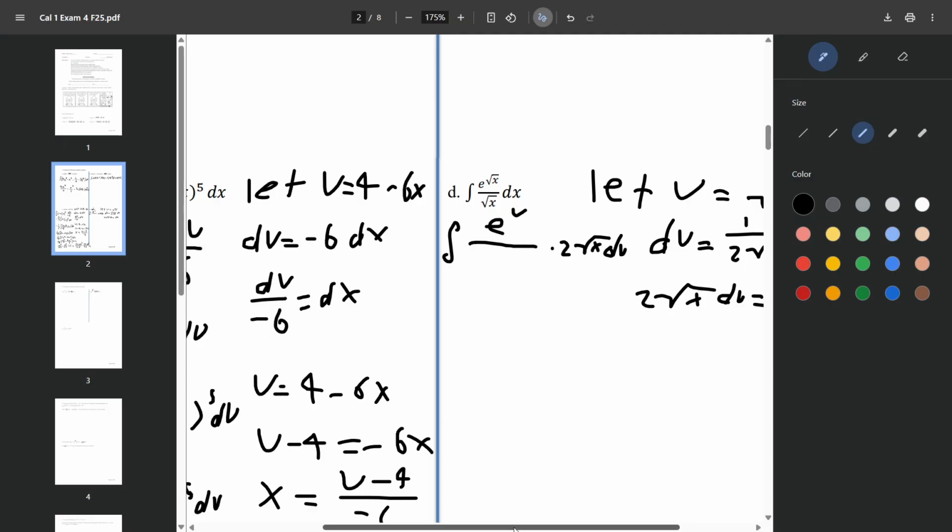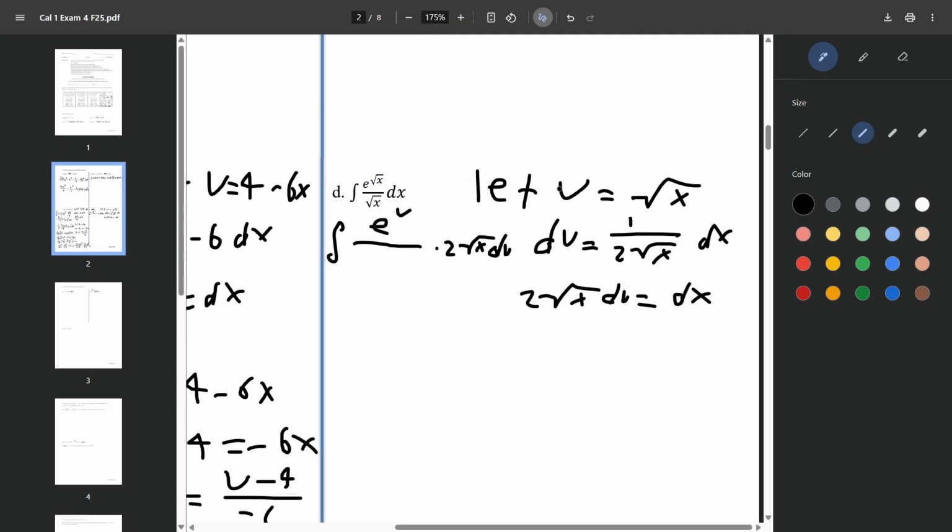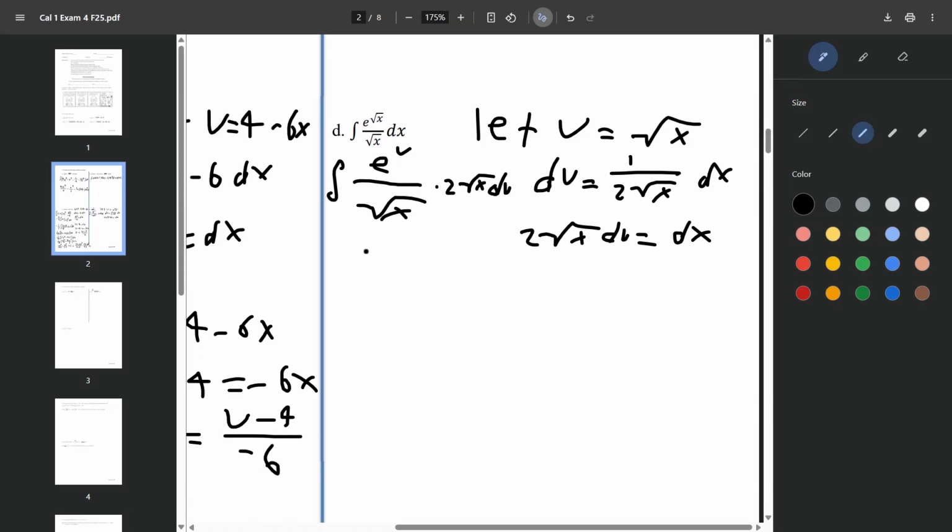And in this case, we will not let our root x at the bottom be replaced with u because we want to cancel those first. So these two get canceled, and we're left with e to the u times 2 du.